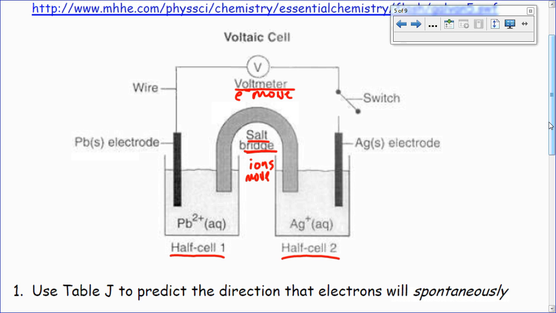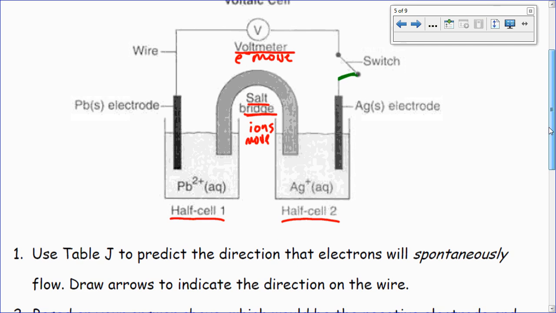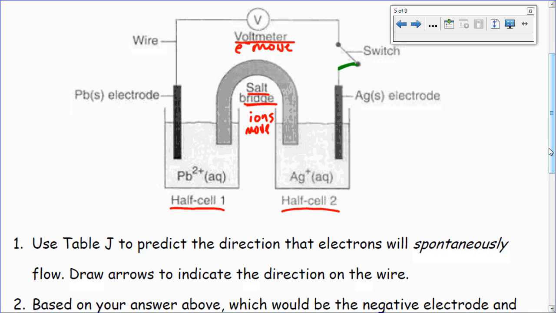Now, Table J is used to help predict which direction the electrons will spontaneously flow. When you close this switch, the electrons are going to be flowing from the most active metal to the least active metal. So draw arrows in the direction of the wire. So we go from most active to the least active.